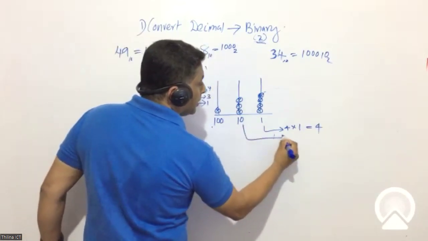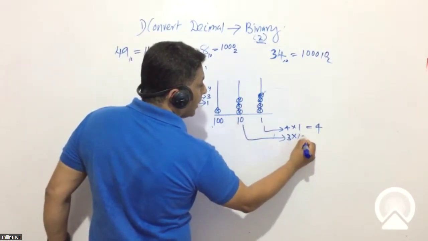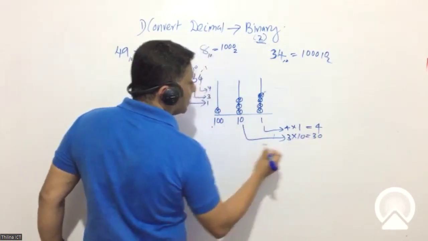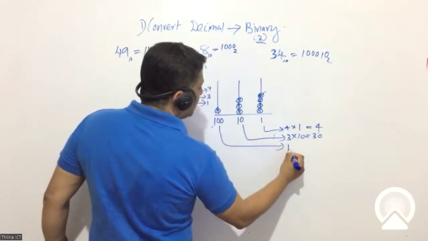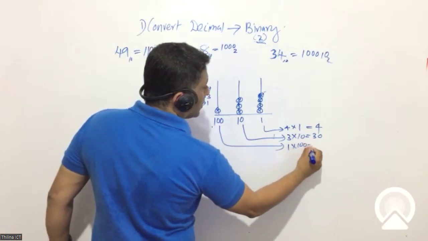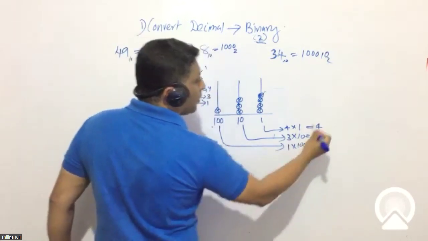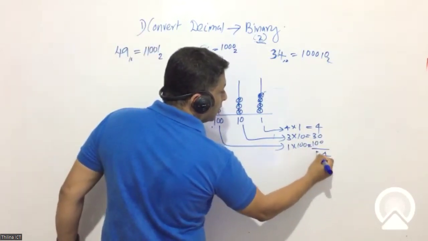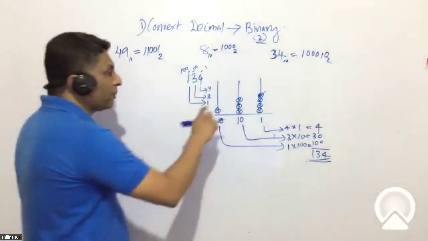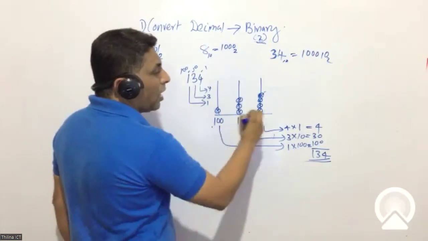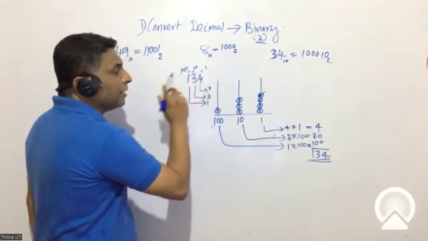Here this represents 3 numbers into tens place, that is 30. Here this represents 1 into hundreds place, so that's 100. So add all 3 together: 4, 3, 1. So this is how to represent 134 in the counting frame, right? You need to segregate into ones, tens, and hundreds.